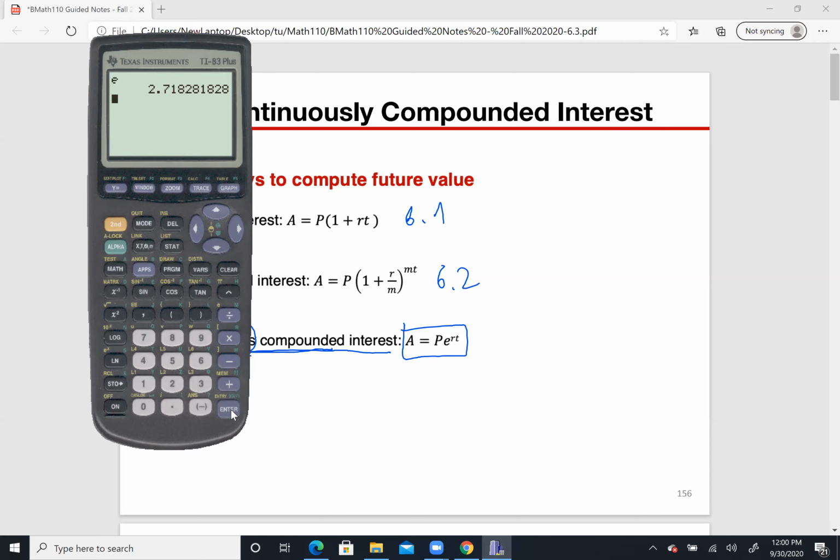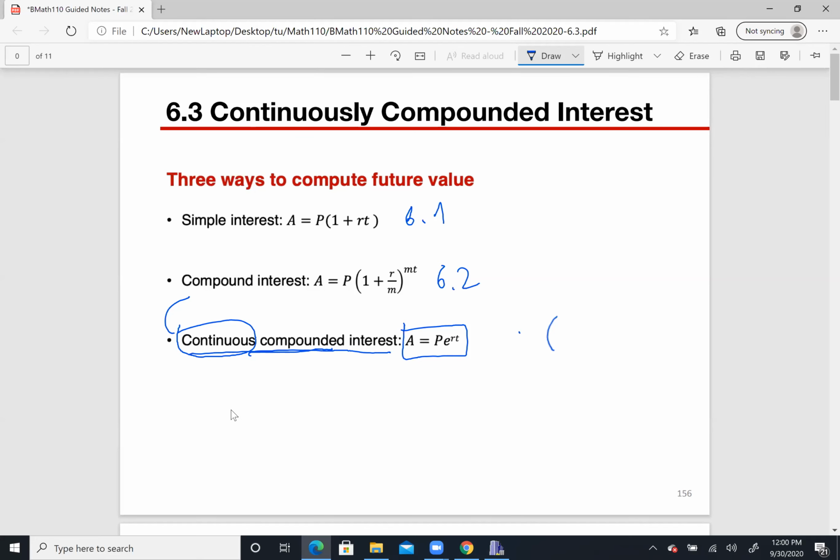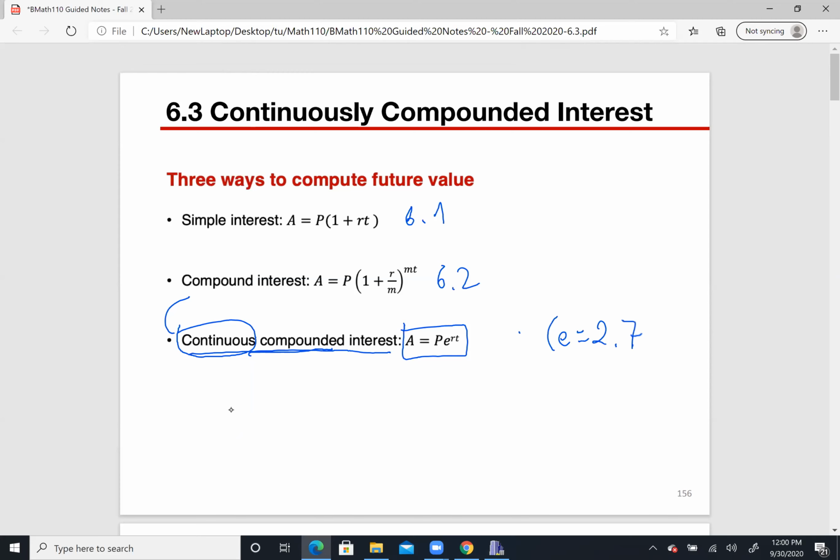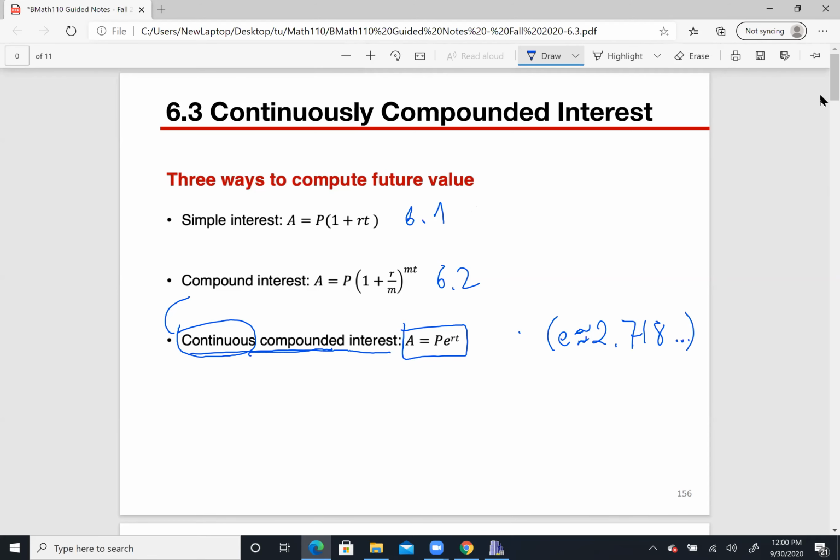It's similar to pi. It's a constant number that we can use the calculator to get. Okay, so let's move down.